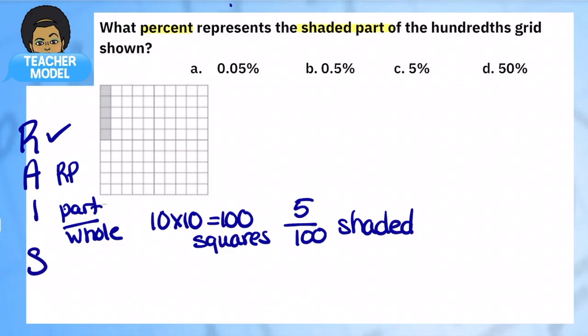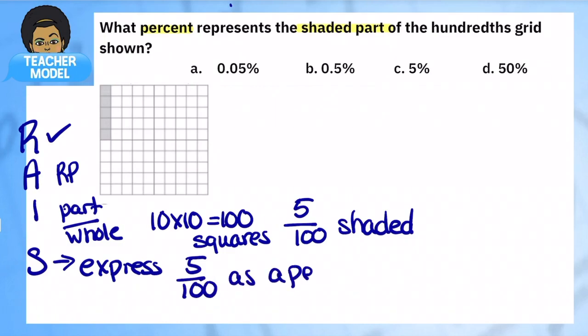And so what is our plan going to be? Well, this one's actually not too bad. I'm going to express 5 out of 100 as a percent. And I'm also going to eliminate numbers that I know cannot be true as a percent, because I've seen percents in real life before. So for example, when I know something is 50% off, I know it is half off.